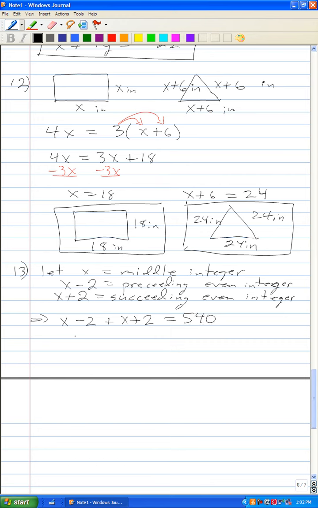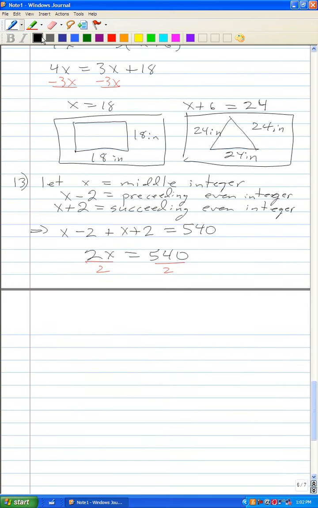And so I have here that 2x equals 540. Divide both sides of my equation by 2. So x is 270. So the answer is 268, 270, 272.